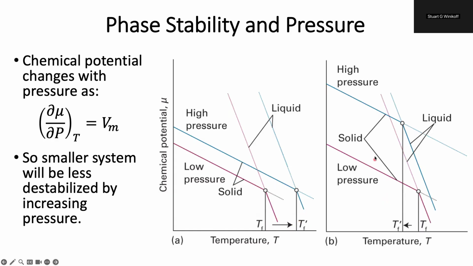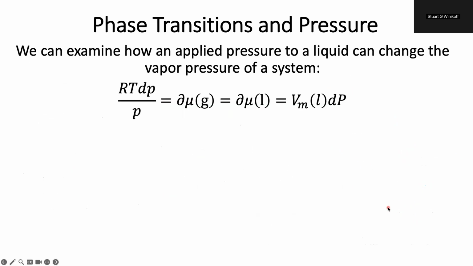So the solid becomes extra destabilized and the liquid only slightly. Now that means that the temperature is going to drop, again favoring the more dense substance, so again, favoring the liquid. And we're going to generally see this as the case, that whenever we're looking at these phase transitions, we're always going to stabilize the more dense substance, and the fusion temperature will move to compensate.